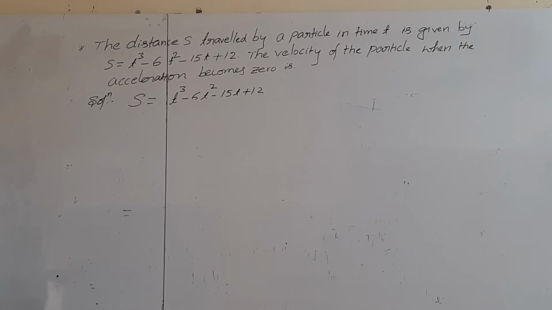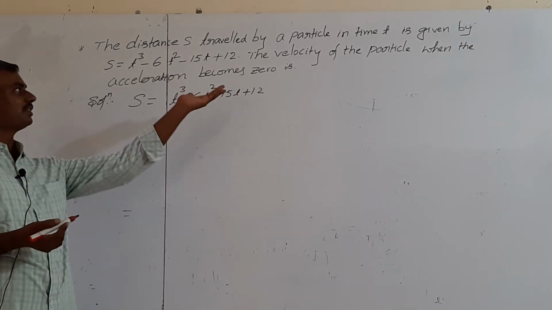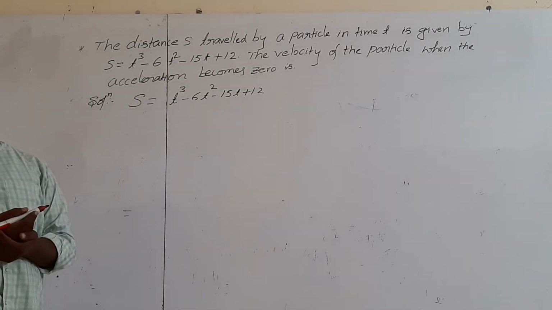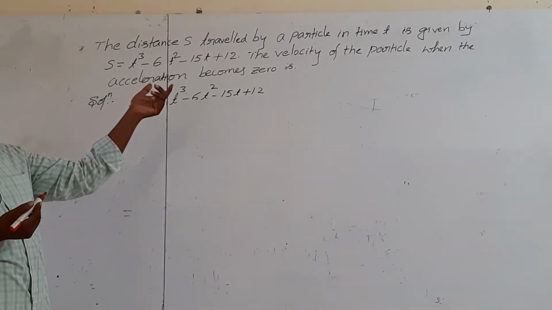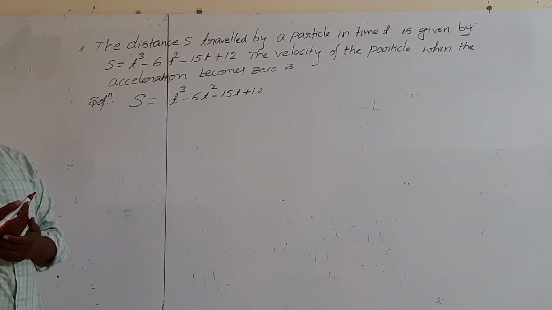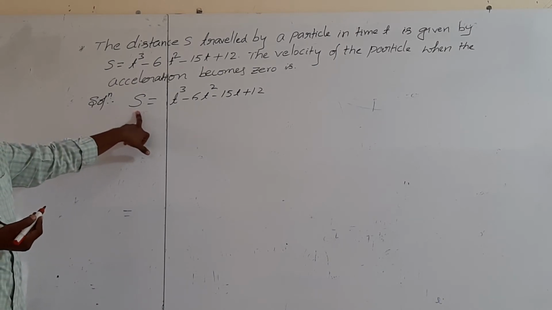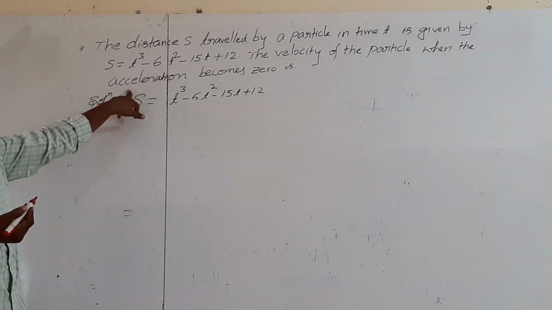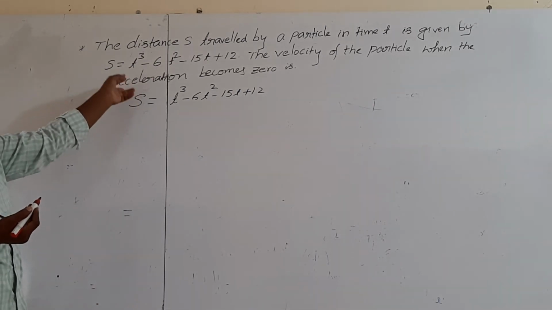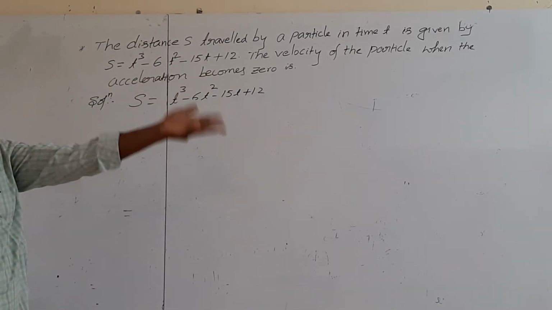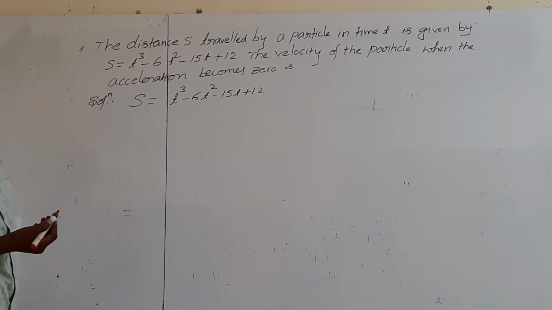We know, all of you studied in lower classes, physics also, what is the velocity? Velocity means rate of change in distance, that means ds by dt. Acceleration: what is the meaning of acceleration? Rate of change in velocity. Second derivative is called acceleration.